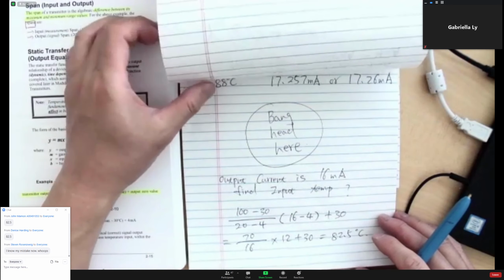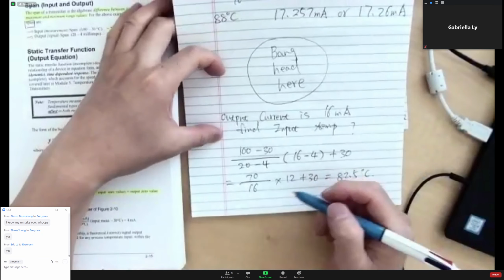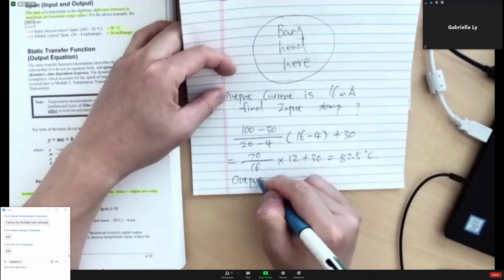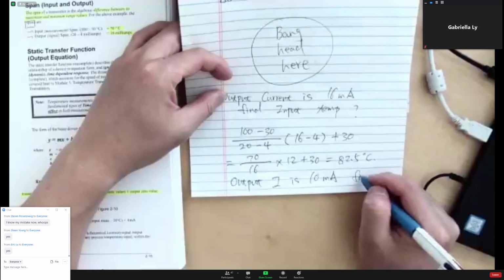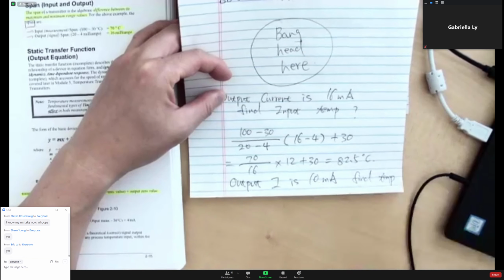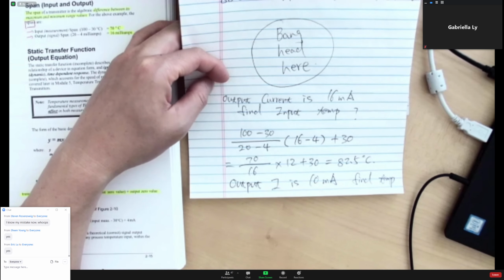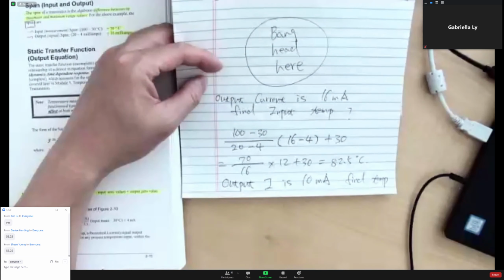Should I give you another number to try? Let's say the output current is 10 milliamps. Find the temperature. Yeah, 56.25.